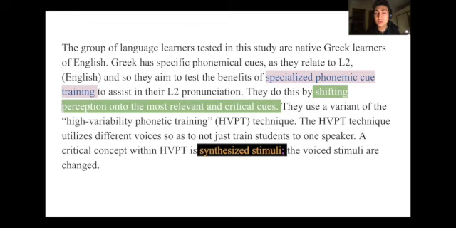A critical concept within HVPT is synthesized stimuli. The voice stimuli are changed. Really quickly, the idea around HVPT is that you want to have multiple speakers, multiple dimensions being spoken from. The different acoustics of these different spaces is something that is played with.